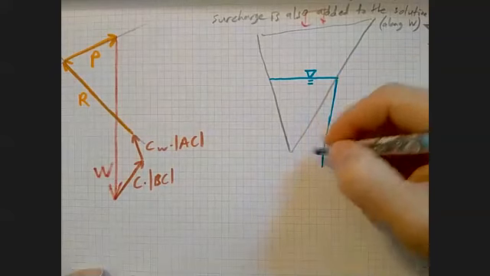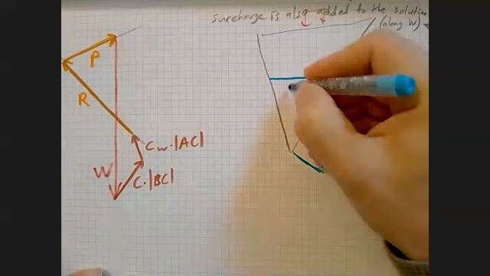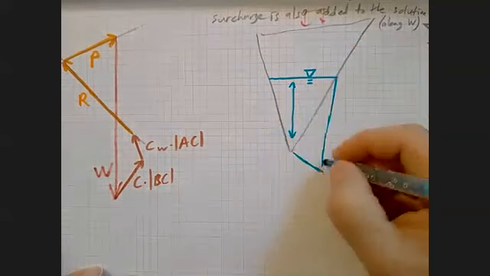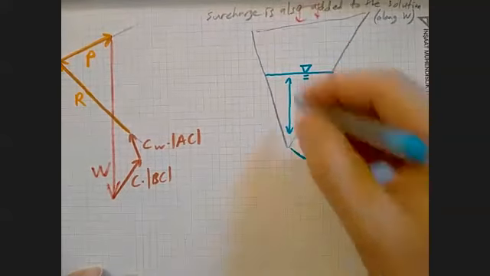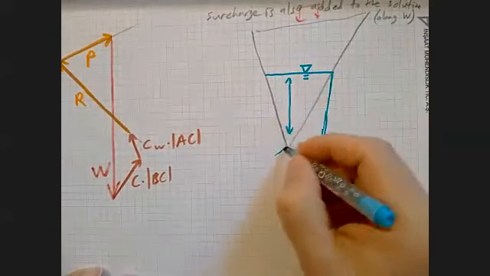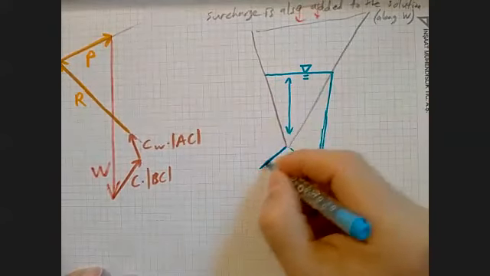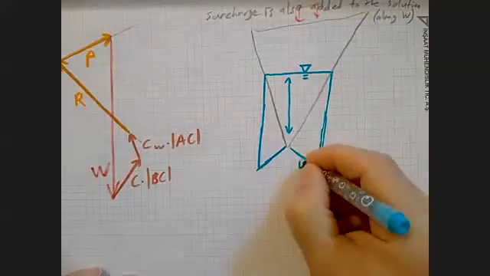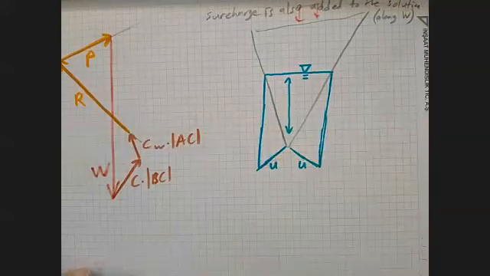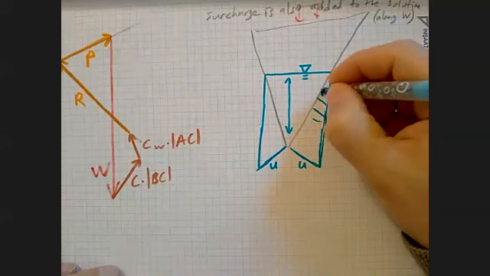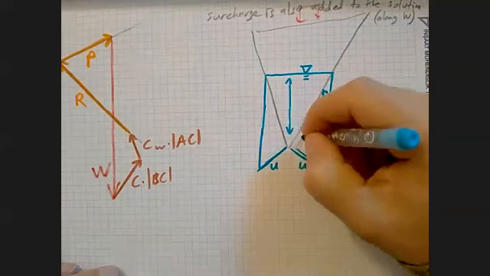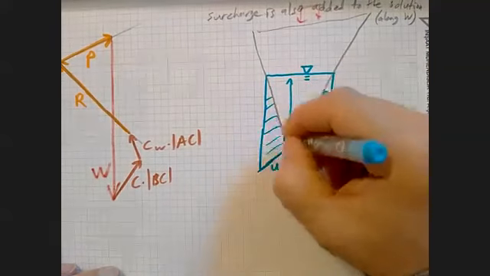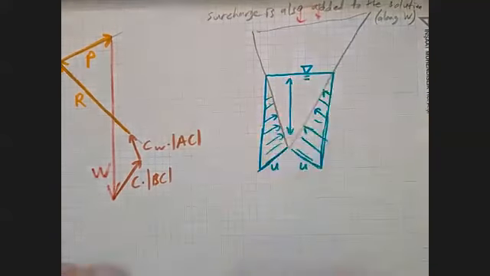So what you are going to have is this much water head there. So you are going to have such water pressure distributions, and they will always be normal to these surfaces.